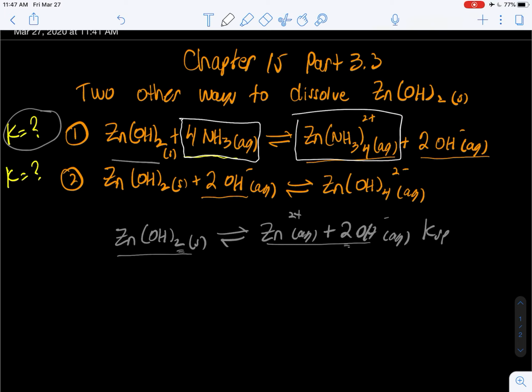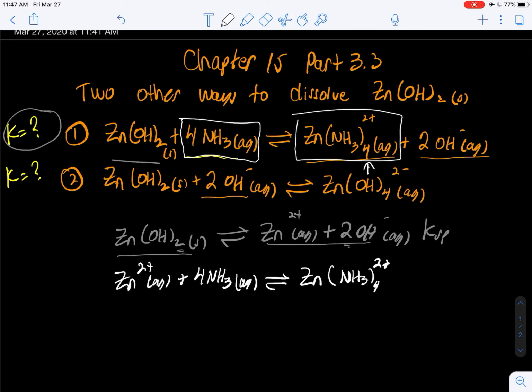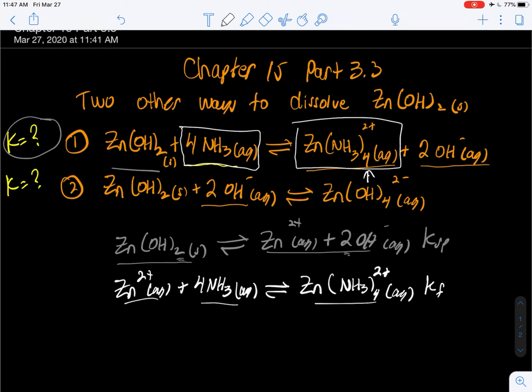Ammonia is aqueous here; it can also be a gas, but in solution it has to be aqueous for this reaction to occur. We form the zinc tetraammine ion complex. There's no hydroxide in this formula, just zinc ion, 4 ammonias, and then this complex. The equilibrium constant for this process is Kf.